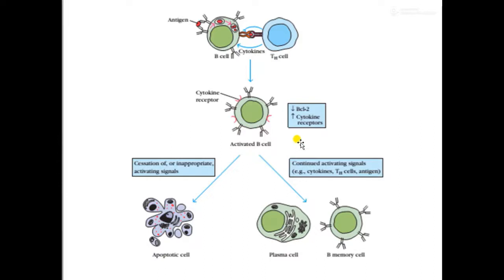The activated B cell will get differentiated into two different types of cells called the plasma cell and the B memory cell. Now, what is the role of this plasma cell? The plasma cell is the one which produces the antibodies.